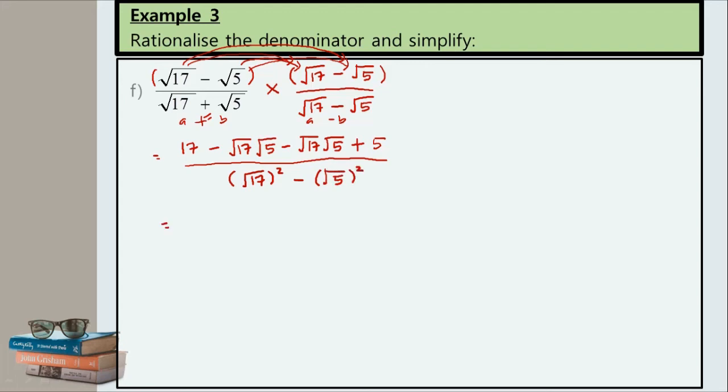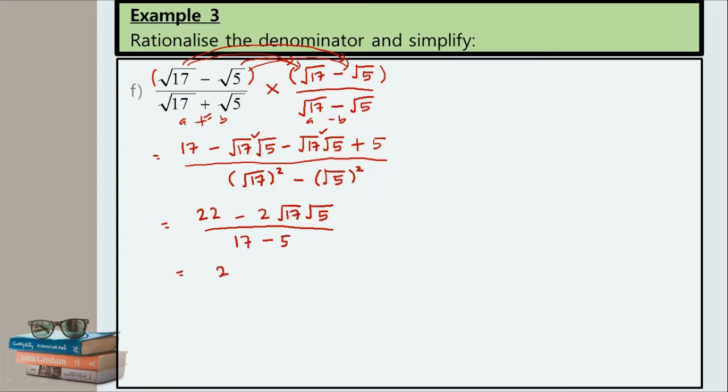And then we need to simplify. 17 plus 5, 22. This one actually is the same, so minus 2 surd 17 surd 5 divided by surd 17 squared, 17 minus surd 5 squared, 5.